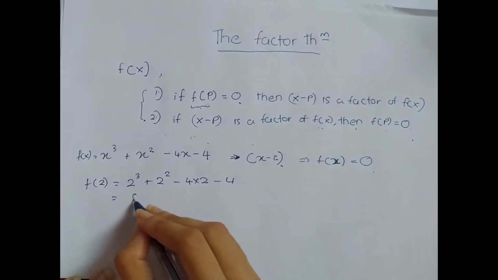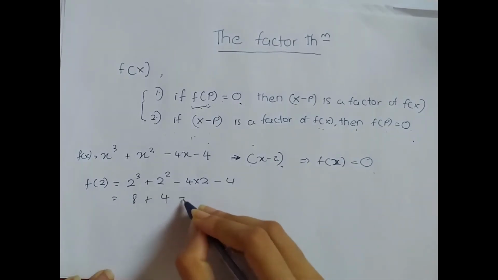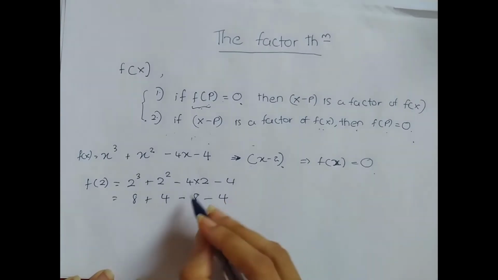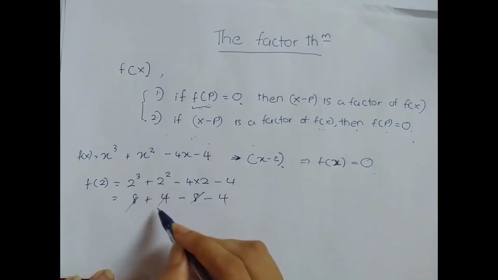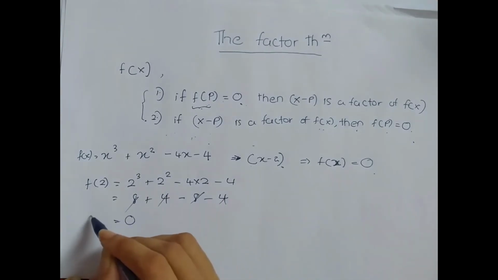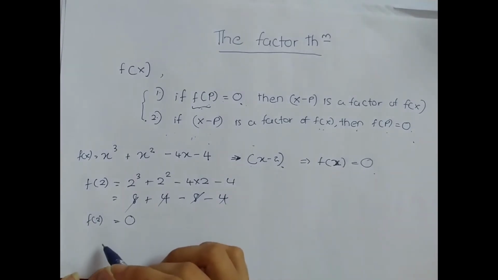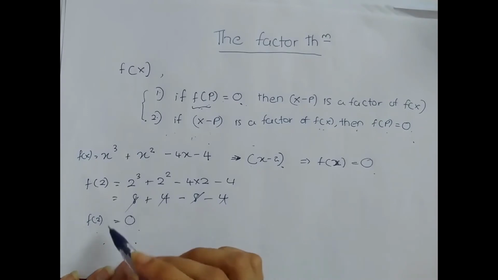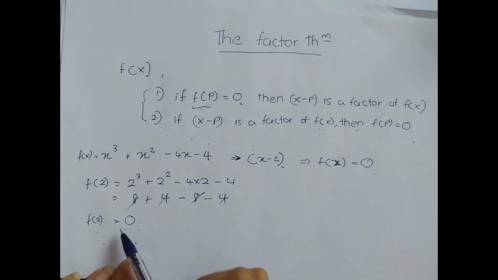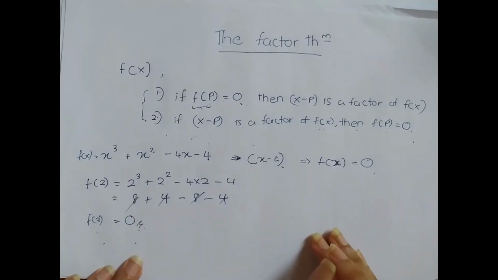So this is 8 plus 4 minus 8 minus 4. So 8 and 8 cancel, 4 and 4 cancel, so the answer is 0. So you can see that f(2) is 0, so x minus 2 is a factor.